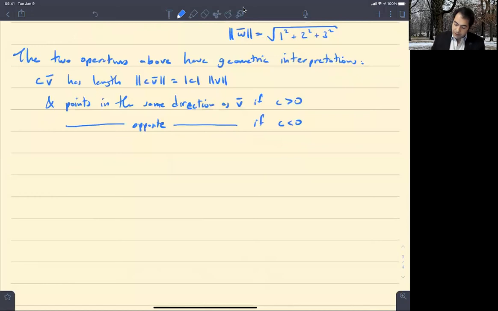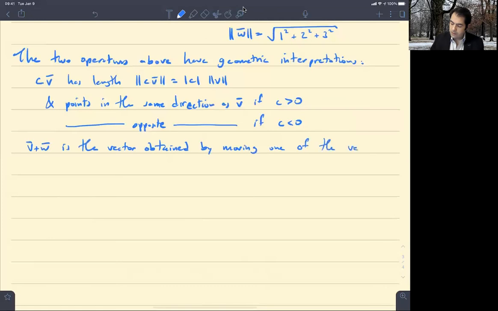Similarly, if you do vector addition, this also has a geometric interpretation. So this is the vector obtained by moving one of the vectors from the origin to the tip of the other vector.